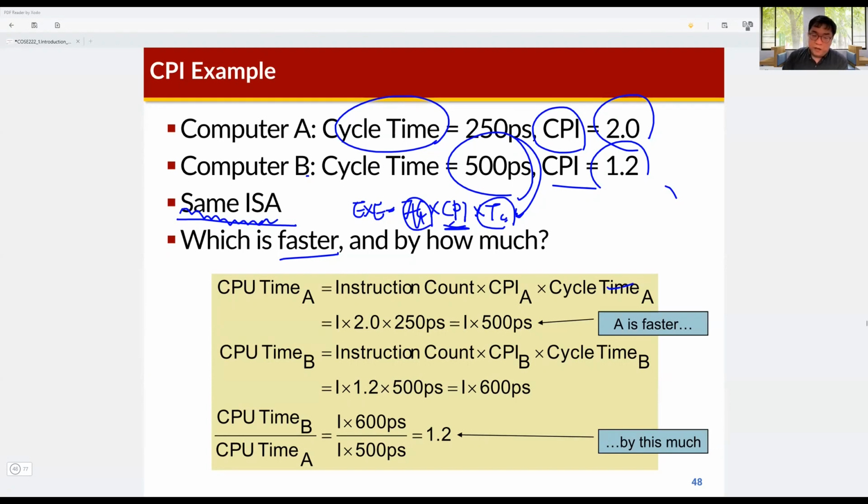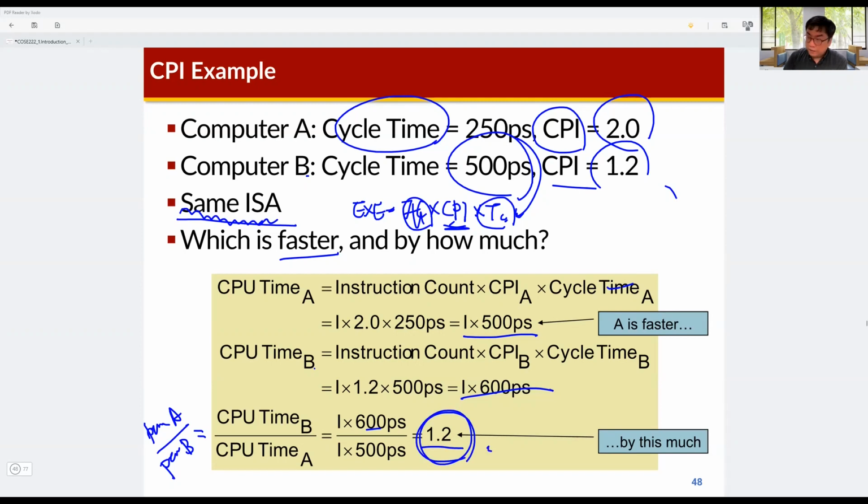So CPU time of A by the equation is like this, and CPU time of B by the equation is like this, and you are asked to compare the performance. Performance A over performance B equals CPU time B divided by CPU time A. So I multiply by 600 picoseconds, and I multiply by 500 picoseconds is the 1.2.